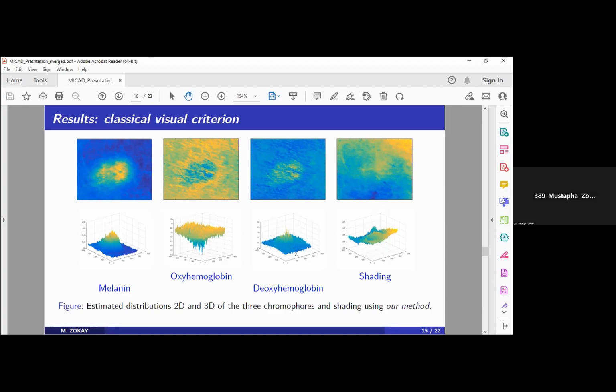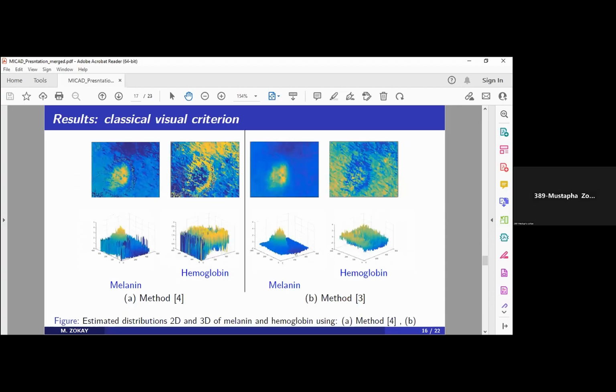We compare our method with the method of the first family, since this method does not need any specific equipment, contrary to the method of the second family.